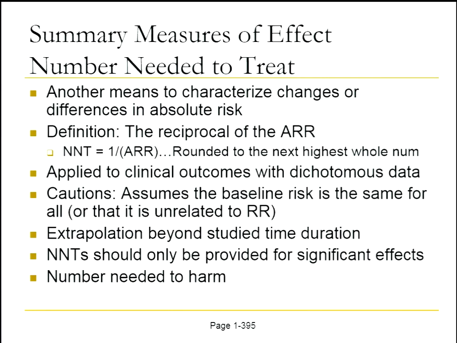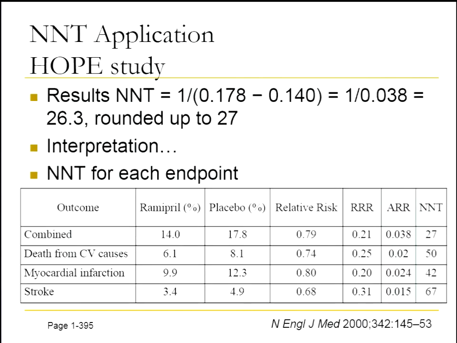Some cautions: this assumes that the baseline risk is the same for all, that we should not extrapolate beyond study duration, and that number needed to treat should only be calculated and provided if a statistically significant effect is shown in the particular study that's being evaluated. Number needed to harm is a related term that we're not going to discuss, but is described in a couple of the references that are provided in your handout.